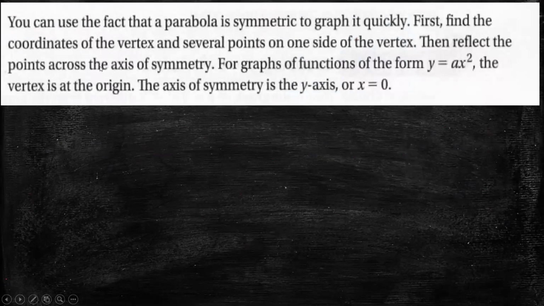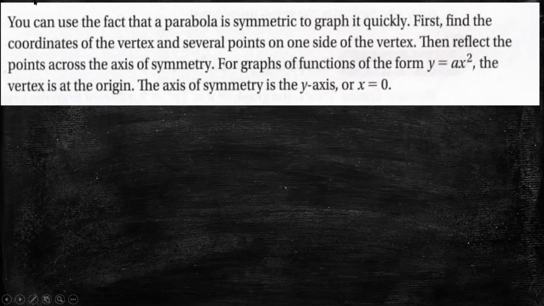Now, you can use the fact that the parabola is symmetric to graph it quickly. Since the parabola is symmetric around the axis of symmetry, we can use this fact to graph it. By now we learned what the vertex is, how to find the vertex and the axis of symmetry, and what the quadratic function is.